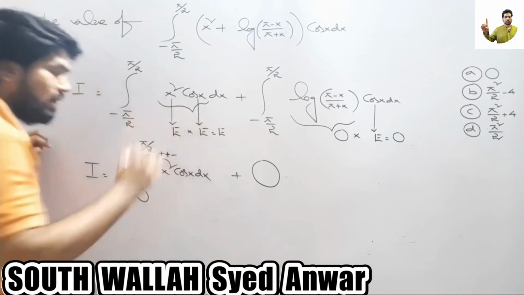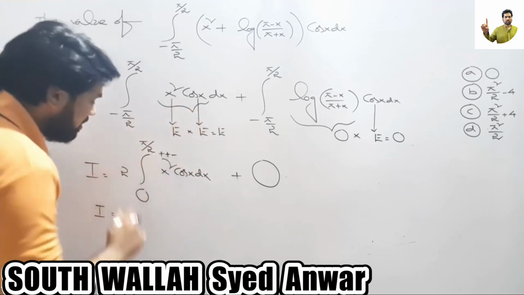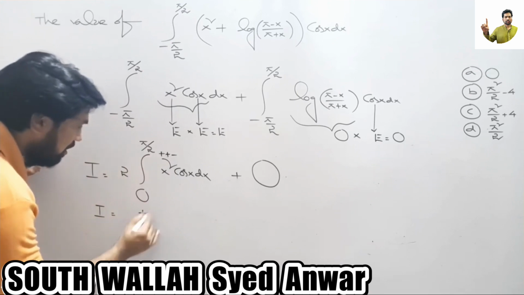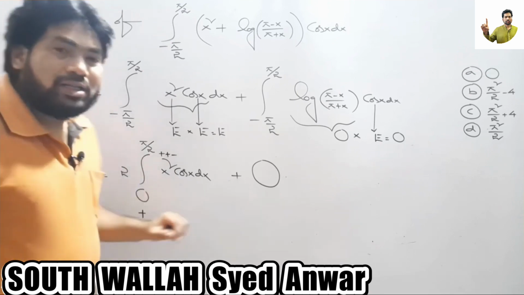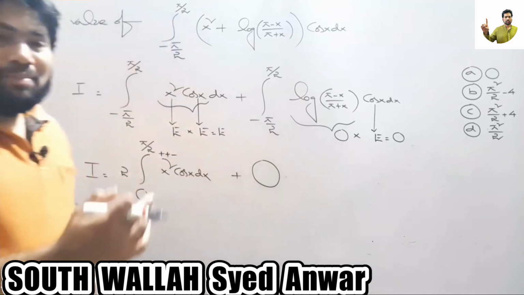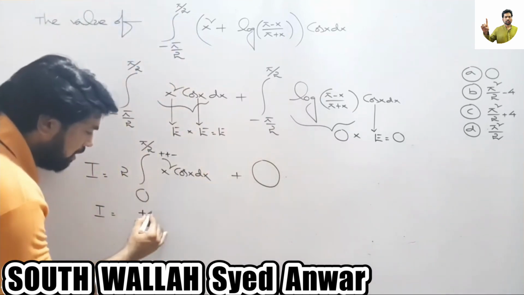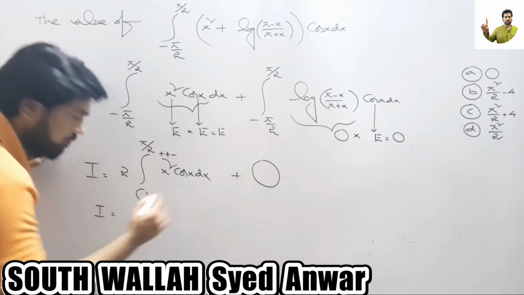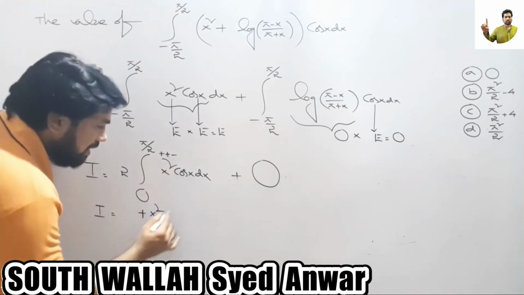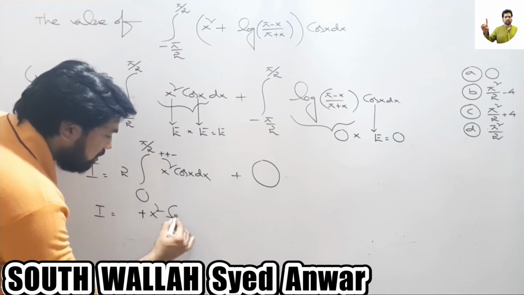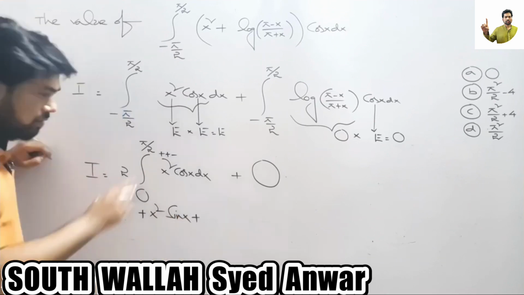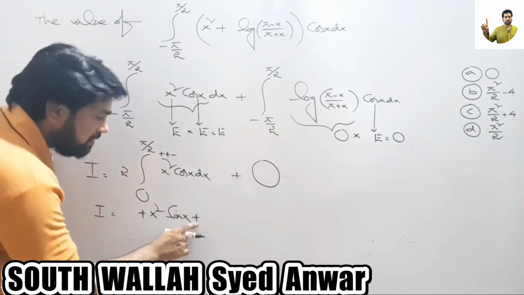So you just write the plus symbol first. Out of these two functions, one should be the integrating part, the other the differentiating part. The differentiating part here is x square. Next, write the neighbor of cos x, which is sin x. Next sign is plus.